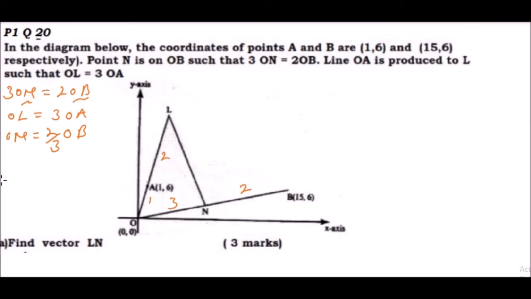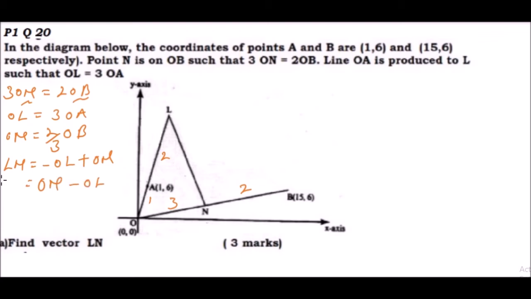And we know that from L to N, LN is equal to minus OL plus ON, which is equal to ON minus OL.